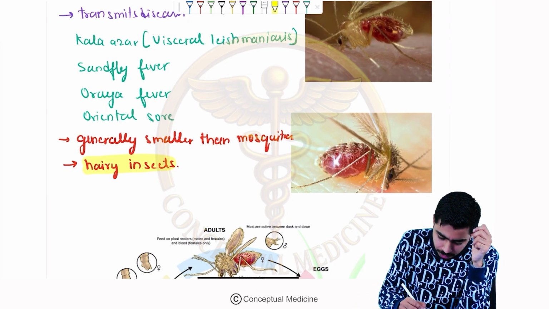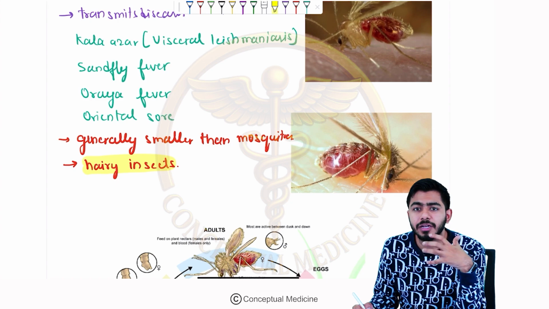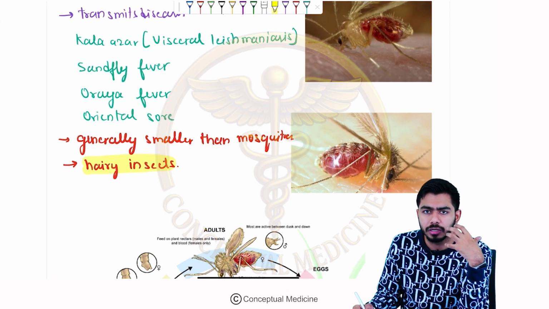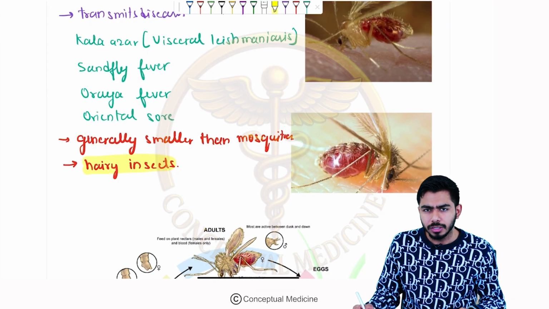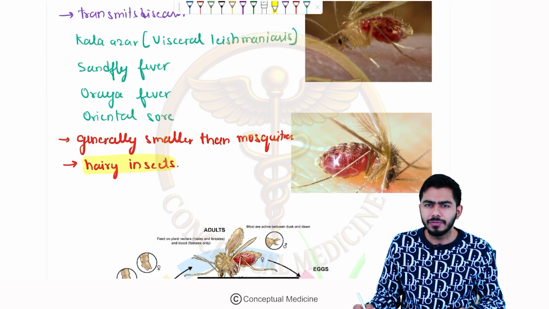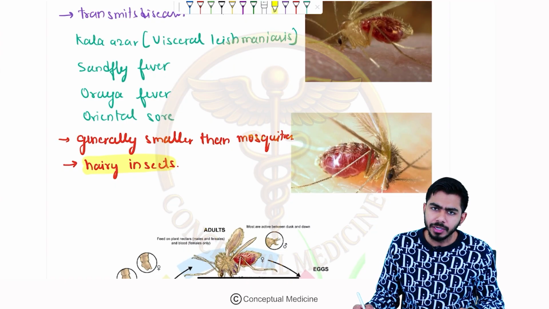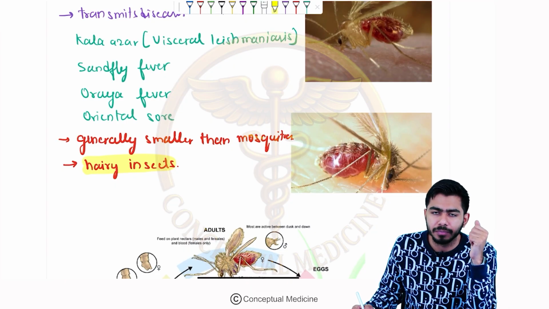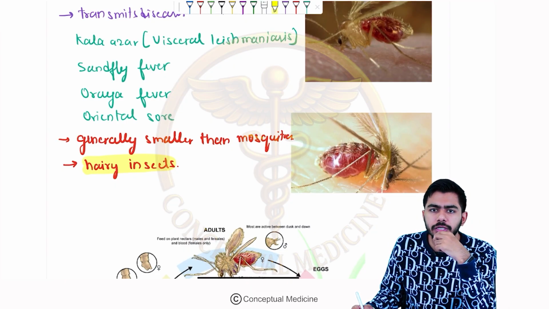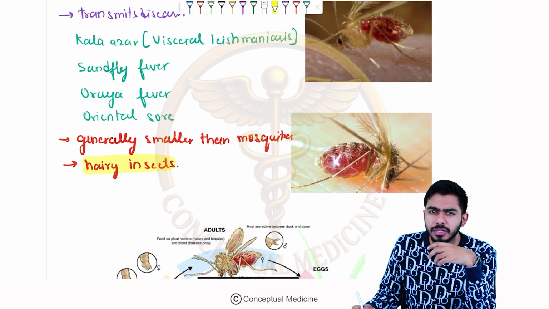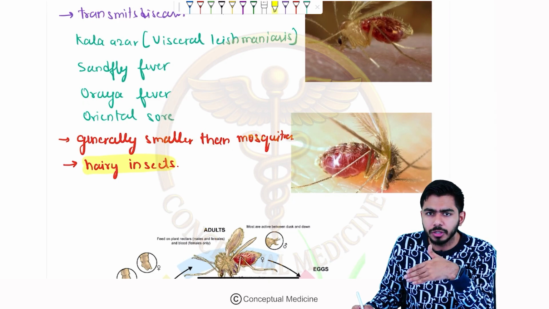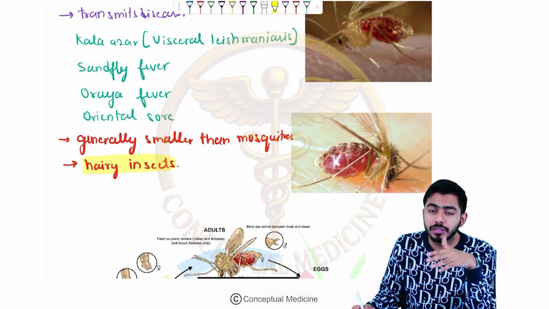One more thing, guys, they are very active at night time. So the biting time will be the night time. I told you that Aedes mosquitoes are the day biters. Usually in the morning they are very active and looking for feeding, right? But here I am telling you that sandflies are the night biters.